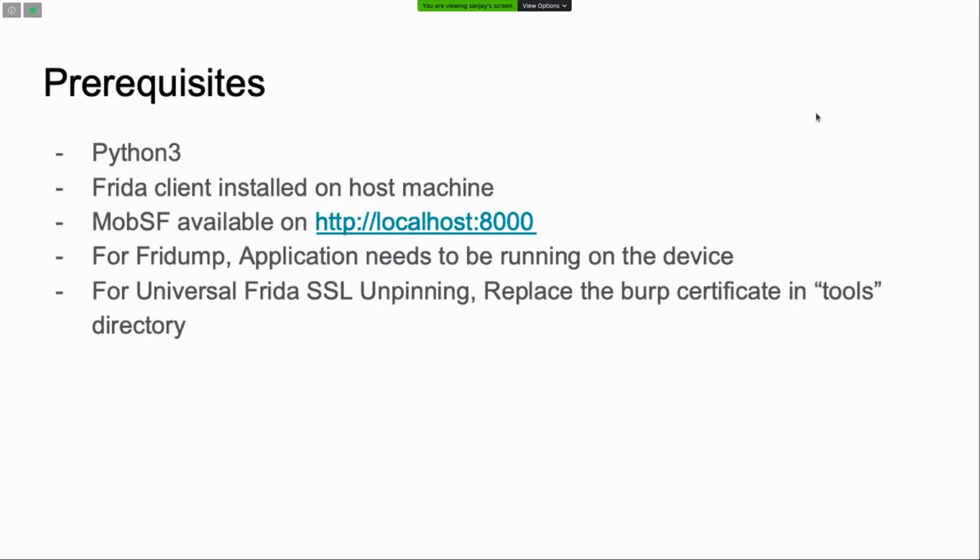Generally Docker is available, so you can configure Docker inside your machine. The fourth thing is FriDump. The application needs to be running on the device. This is a prerequisite because FriDump dumps the memory, so the application is required to be running on the device. For universal Frida SSL unpinning, it requires the Burp certificate in the tools folder.